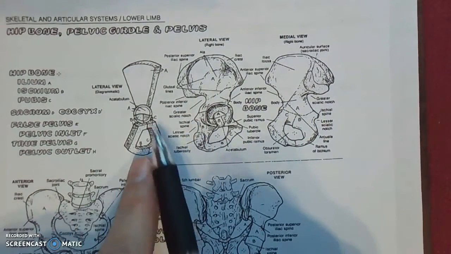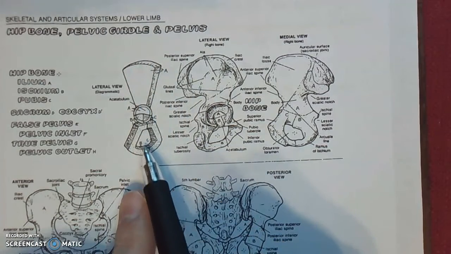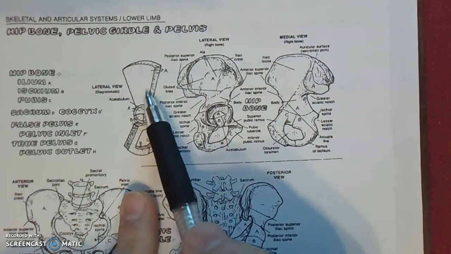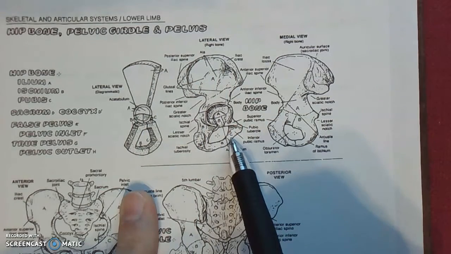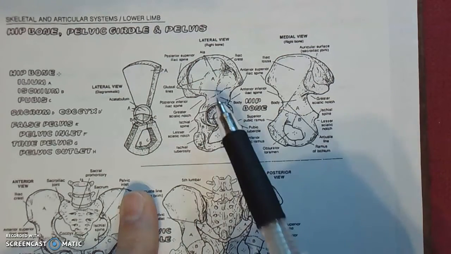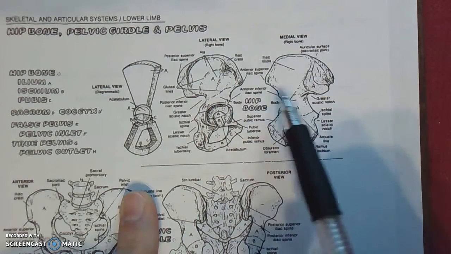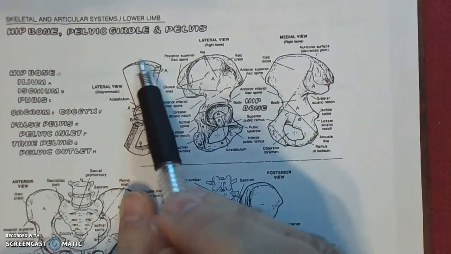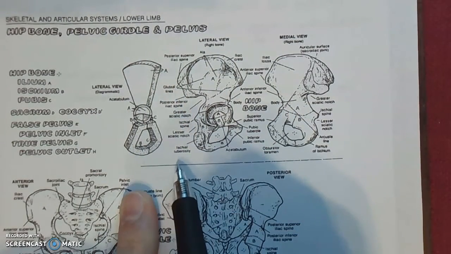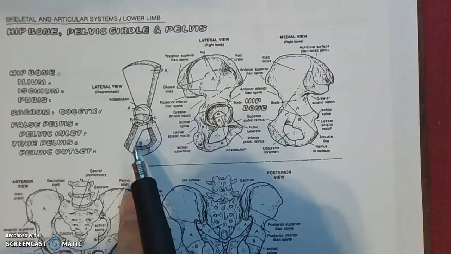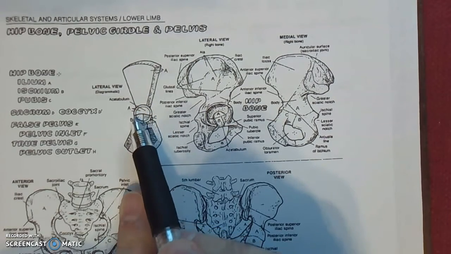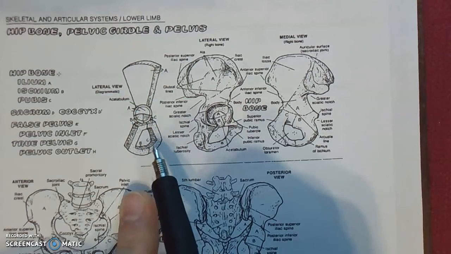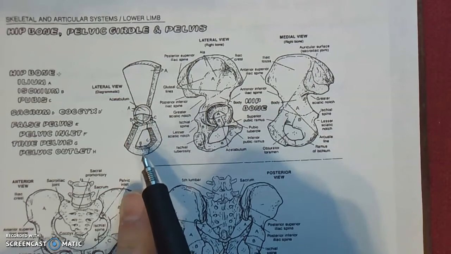So here is a diagrammatic view of the three parts. Here is a lateral view and a medial view of the right coxal bone. The ilium is this part, and this structure right here where the three meet up is called the acetabulum, and we'll talk about that in a little bit.